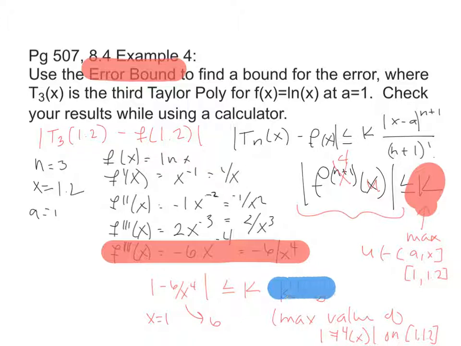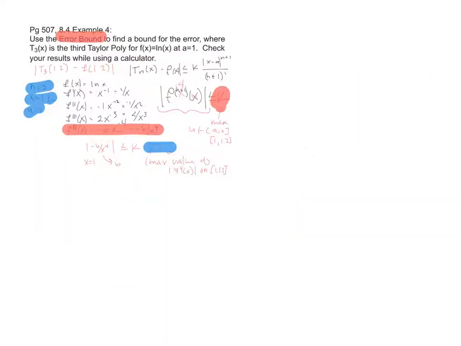I have k is 6, n is 3, x is 1.2, a is 1. So, shrinking it down, and then I will do the work. Taking this formula out, we have 6 times (1.2 minus 1) to the 4th over 4 factorial.